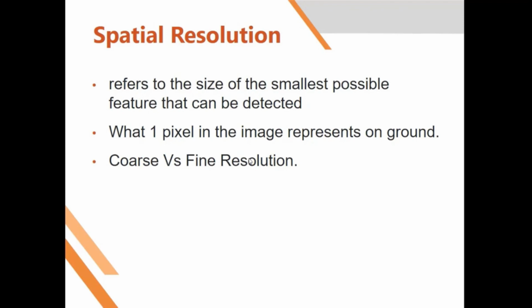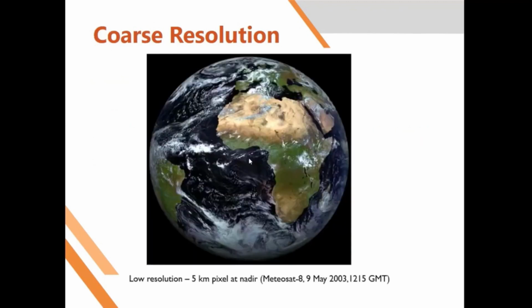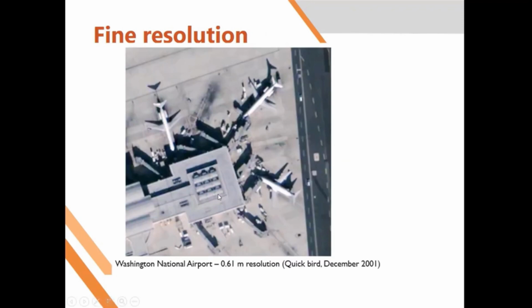And then when we look at the resolution, we have coarse resolution. This is a satellite image at a resolution of 5 kilometers. That is very, very low, very coarse resolution. As you can see, such resolution is used to map the world at a much bigger scale. But then we can also have a fine resolution.